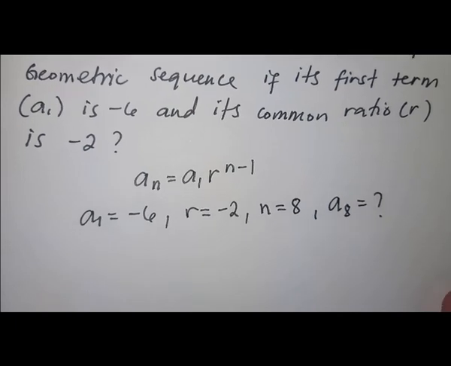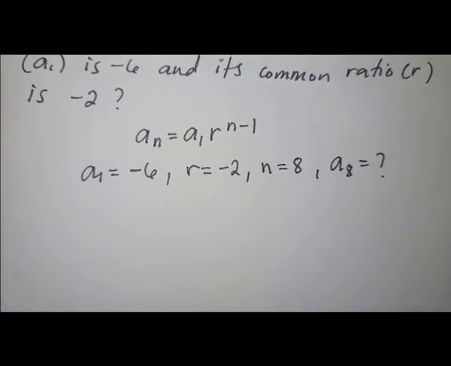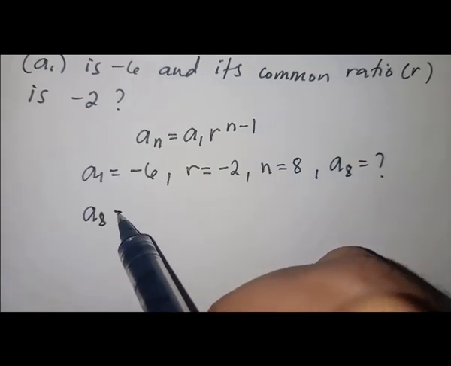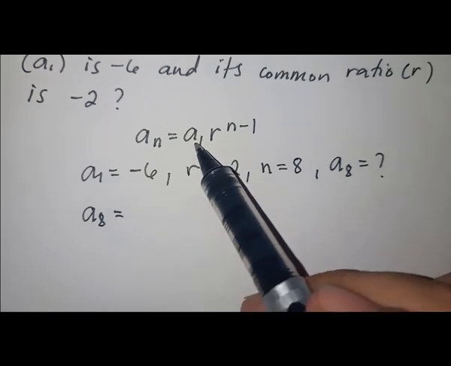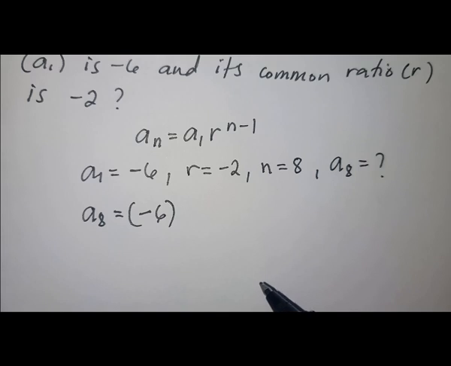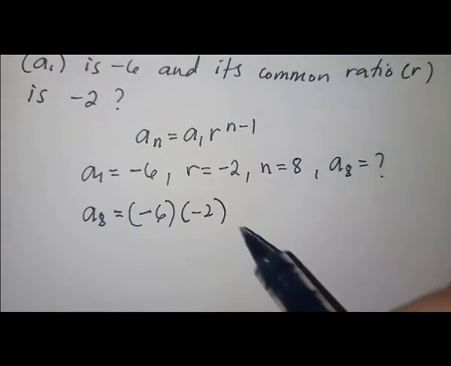Okay, so let us try to substitute the corresponding value dun sa ating formula. So, kailangan natin yung a sub 8. Ang a sub 1 daw natin ay negative 6. Ang common ratio daw natin ay negative 2.